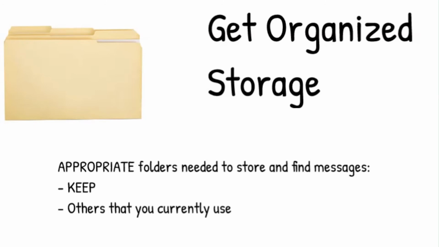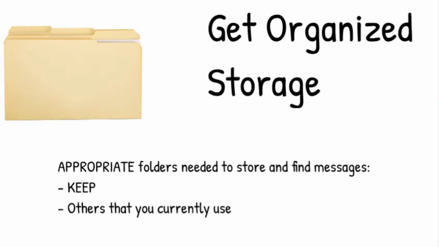Now, if you have a really beautiful folder structure that you're using and is working for you, keep doing that. Don't convert over to this very simplified structure. Instead, keep the parts of the storage process that are working for you and only change over to the things that are starting to clutter up your inbox.